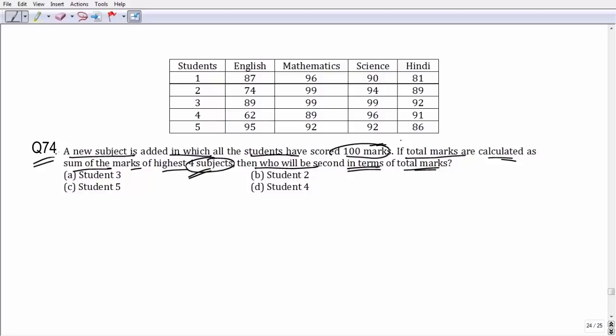Now talking about our person 1, his top 3 subjects are these 3, and for the second one the top 3 subjects are these, and for the third one the top 3 subjects are these, and for the fourth one the top 3 subjects are these, and for the fifth one the top 3 subjects turn out to be.